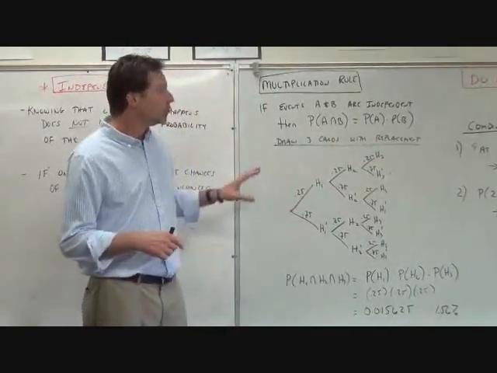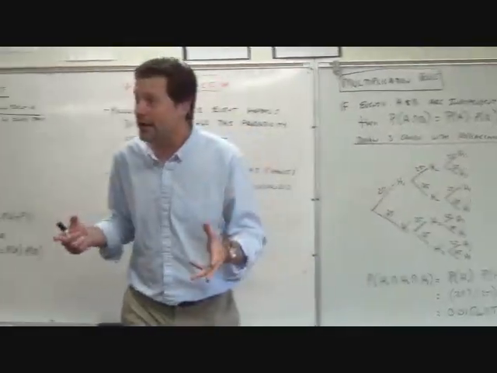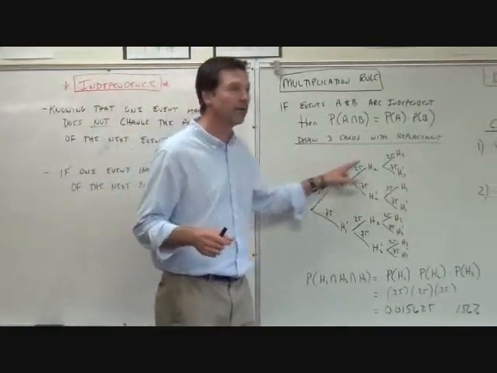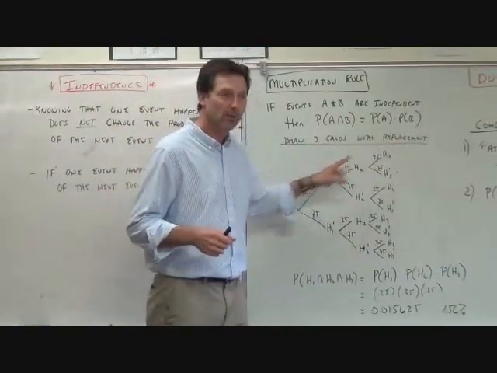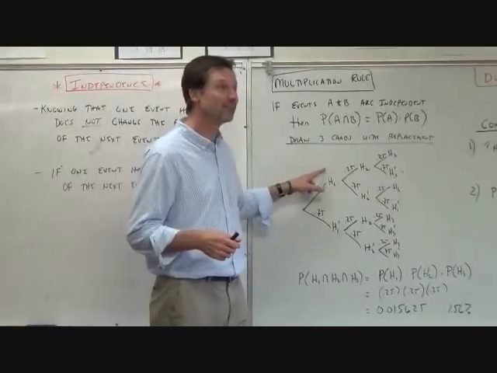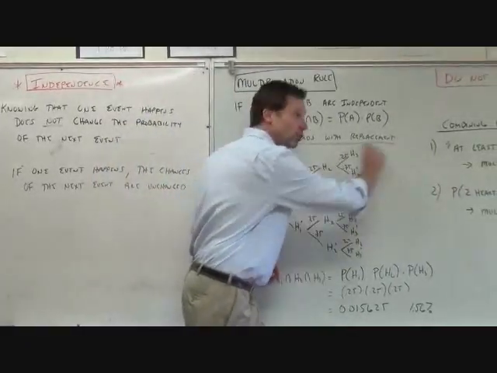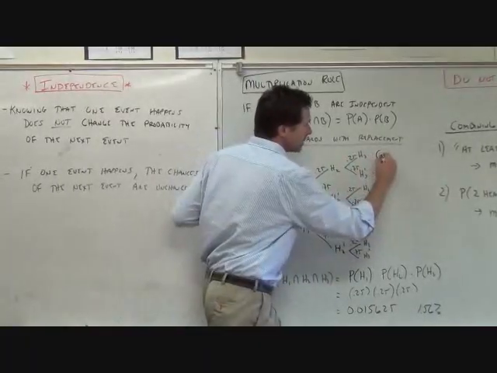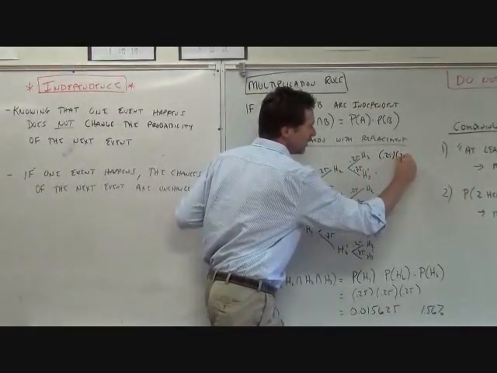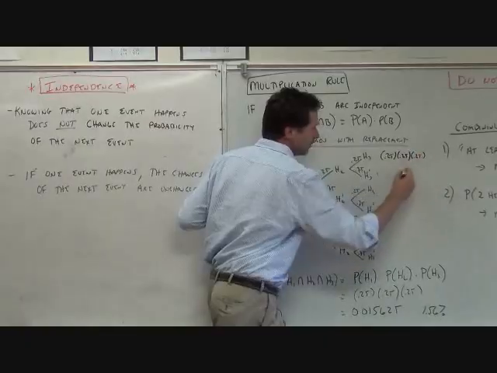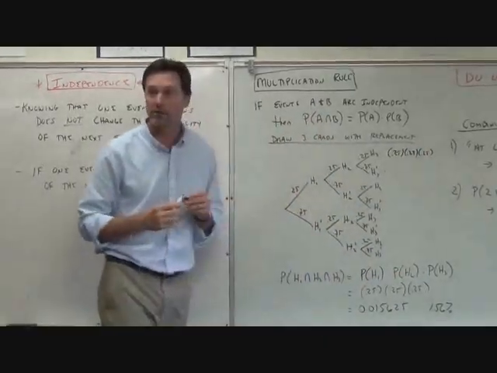How the multiplication works with a tree is you just multiply your way down the tree. Probability of getting the first heart is 25%, 25% for the second heart. Now I'm not going to draw this, but next period you could just draw that through, and so this becomes 0.25 times 0.25 times 0.25, and we end up getting our 1.56%.